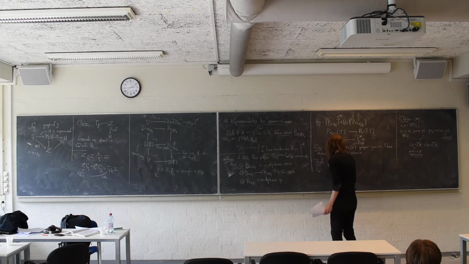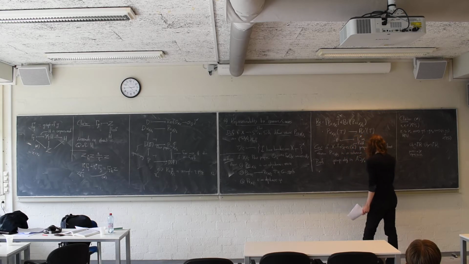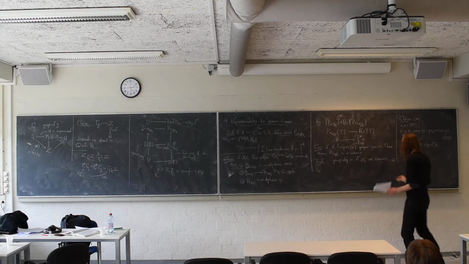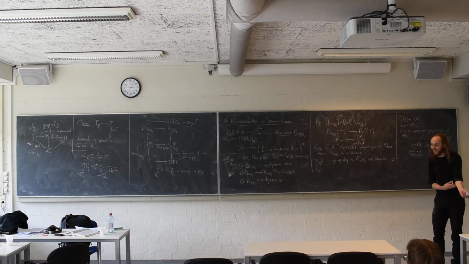Put it in quotation marks, because it's not really much of a proof, but group objects in algebraic spaces over K are schemes. And that gives another representability result.